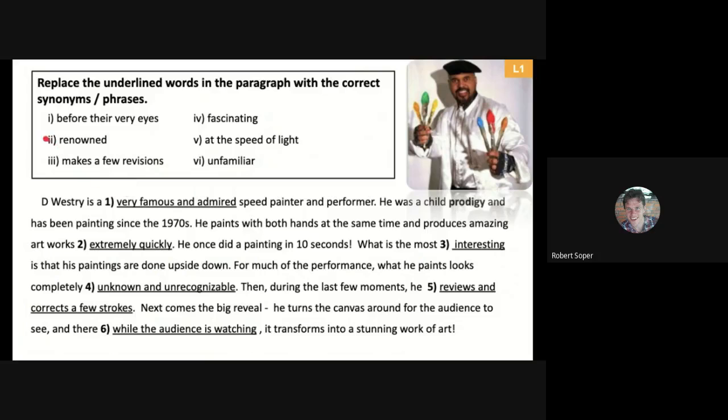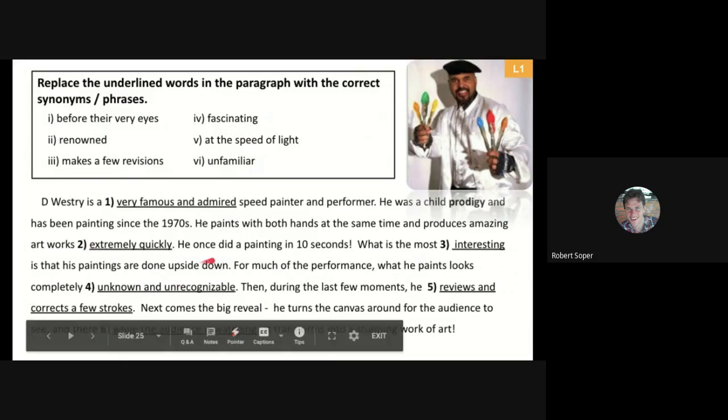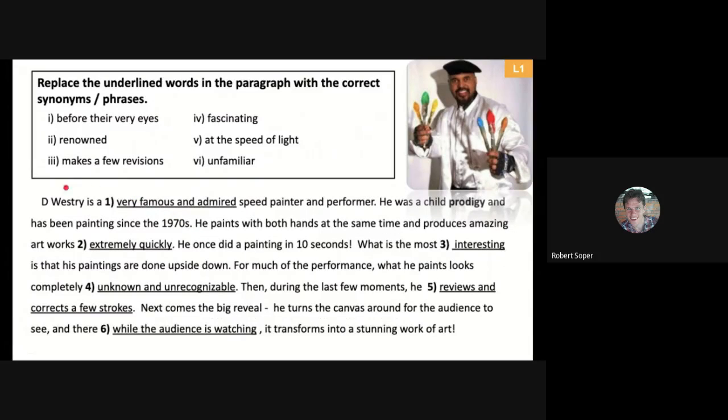So now that we've done that one and we've used the word renowned, you can cross that word out in your notes, and you are going to be replacing the rest of the underlined words in the paragraph with the correct synonyms and phrases from this box. So there's 2, 3, 4, 5, and 6 to do. So you've got 5 more to do. Okay, so pause the video and see if you can do that now.